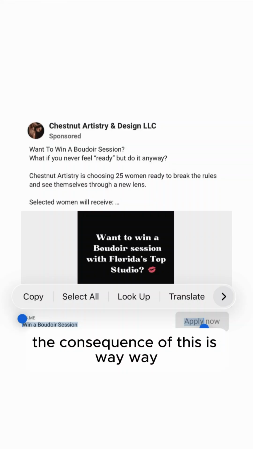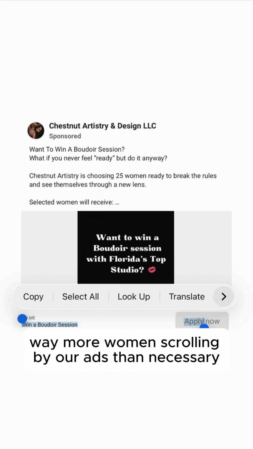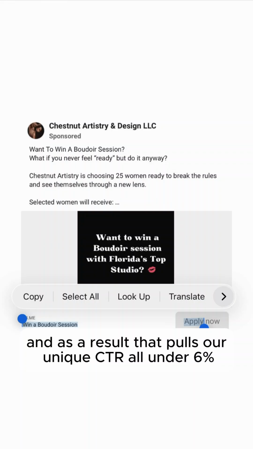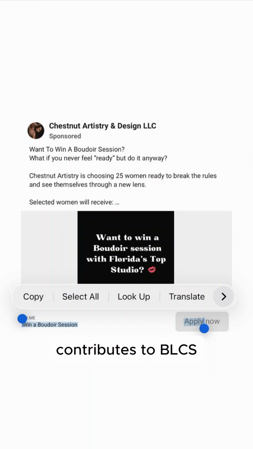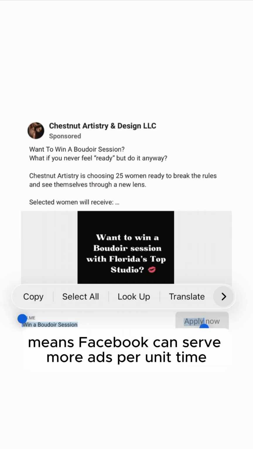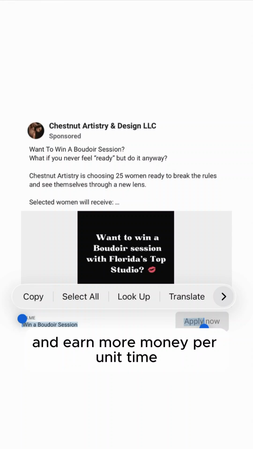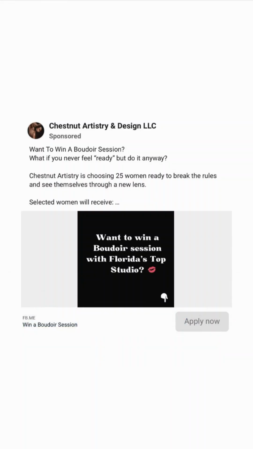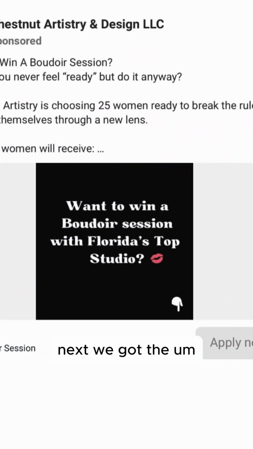The consequence is way more women scrolling by our ads than necessary, and as a result that pulls our unique CTRL under 6% and contributes to BLCS. Facebook's happy though: more women scrolling by our ad per unit time means Facebook can serve more ads per unit time and earn more money per unit time. So Facebook's hustling us.